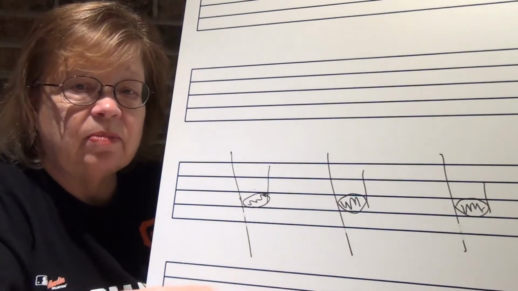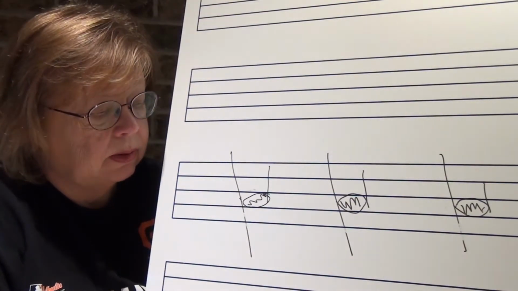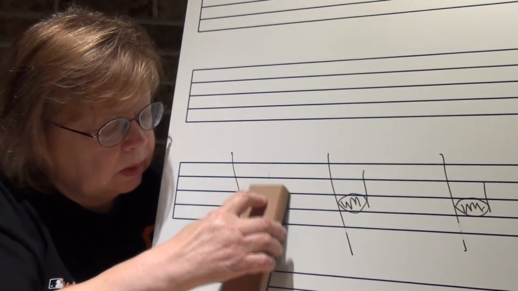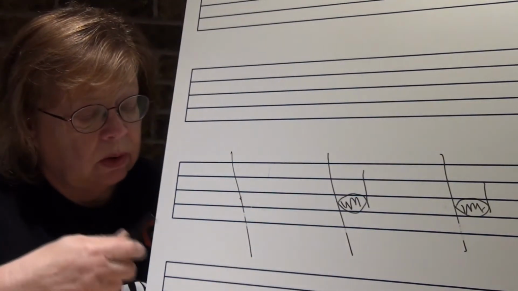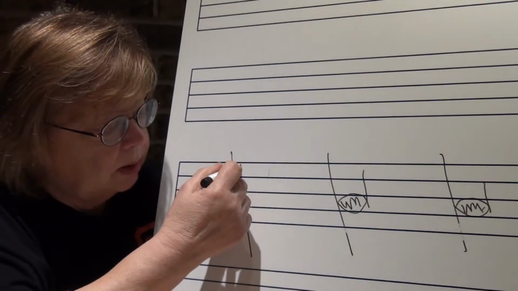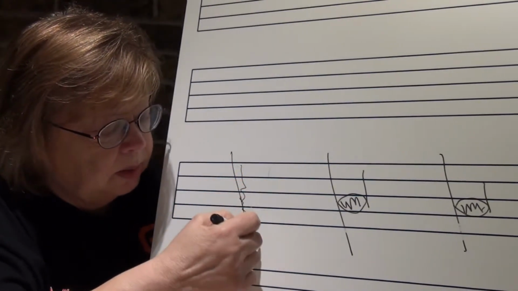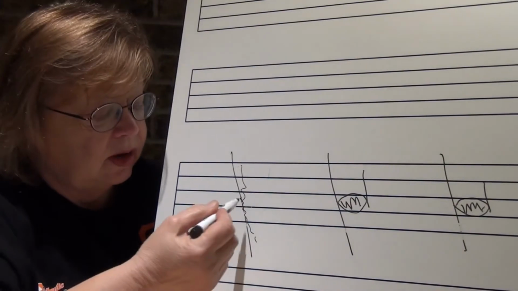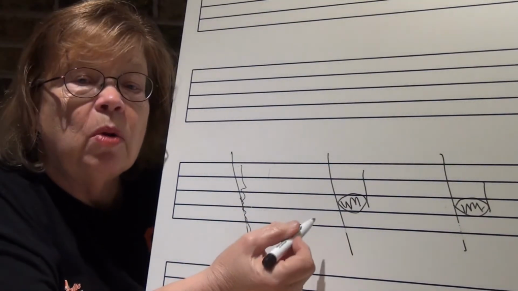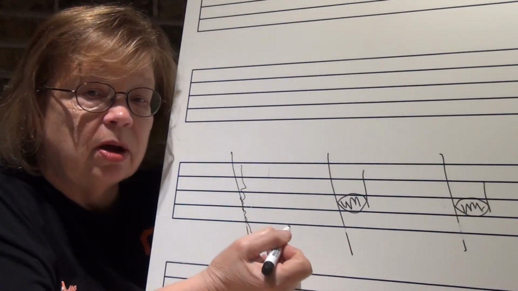It's also the same for the quarter note rest. That quarter note rest is also going to start precisely on the beat, and it's going to go all the way to the next beat, whether it is fast or slow.